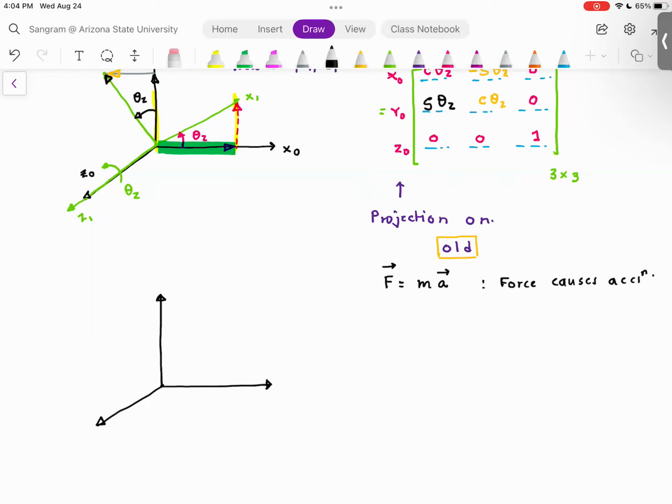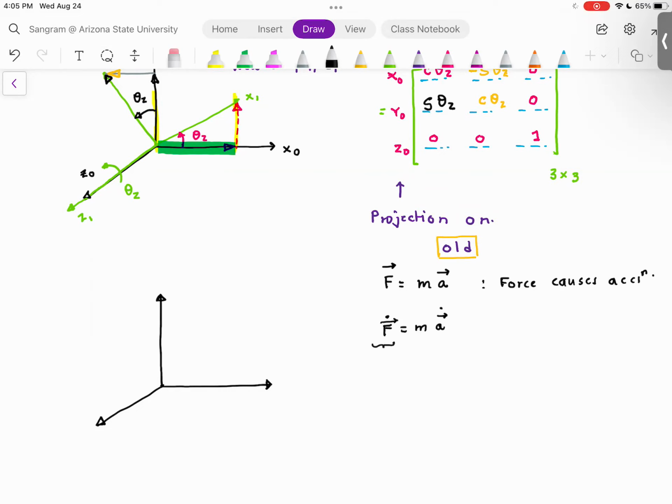Sometimes even if you apply force, things don't move. What do you do? You take a hammer and hit it. What are you doing? Derivative of force. Derivative of mass is again 0, it's a constant, so m comes out. You have the derivative of acceleration.